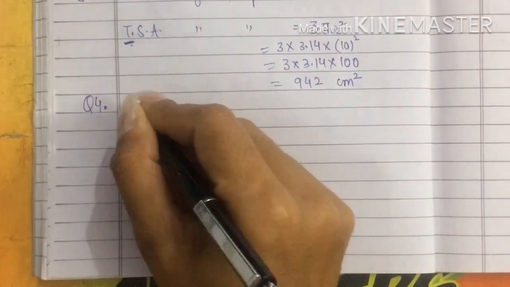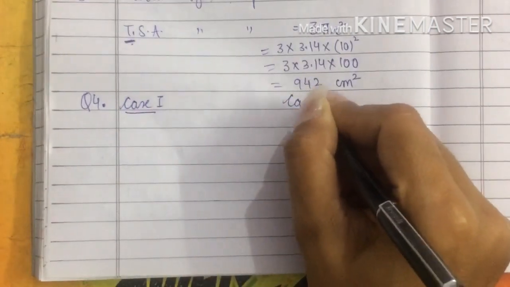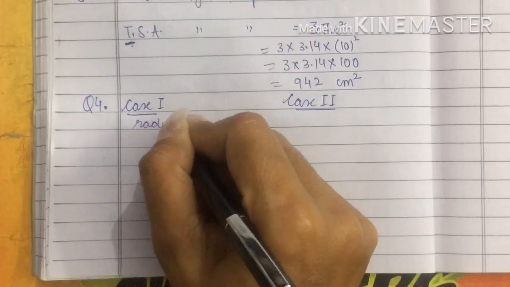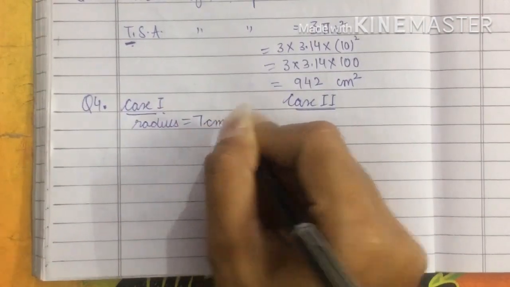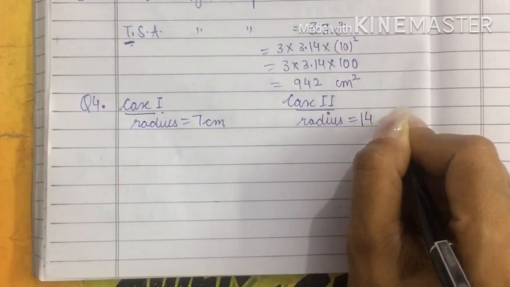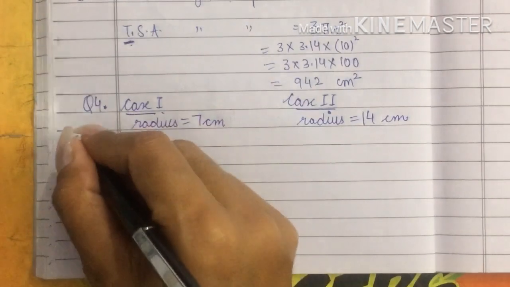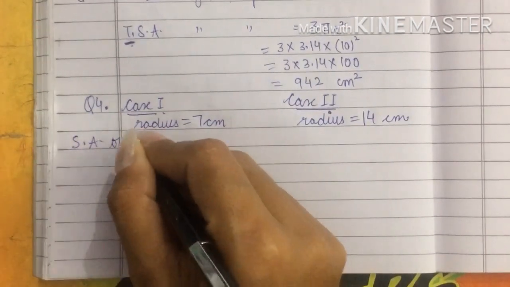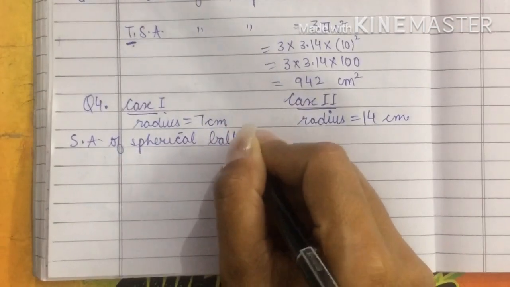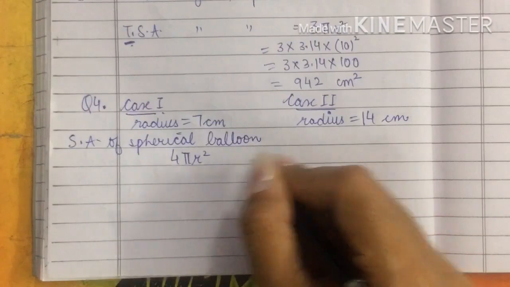Question number 4. So I'll be doing it side by side, case 1 and case 2. In first case, the radius was 7 centimeters, and in second case it increased and became 14 centimeters. We have to find out the surface area of spherical balloon, and in both cases it will be given by 4 pi r square.